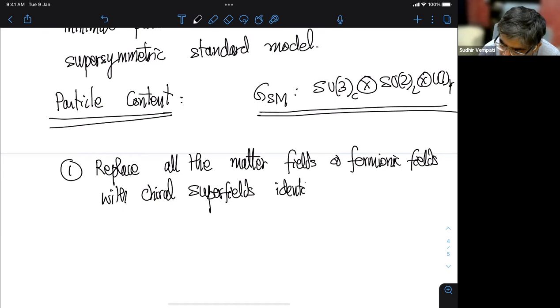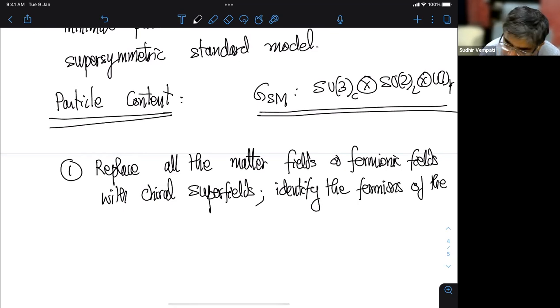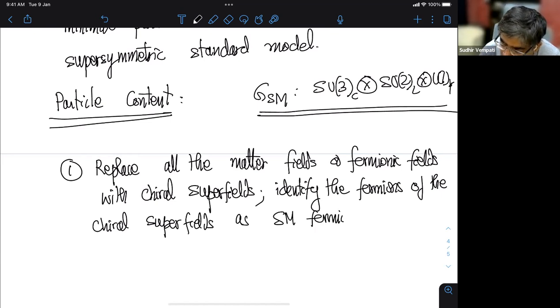Identify the fermions of the chiral superfields as the standard model fermion fields. So this is the first step.